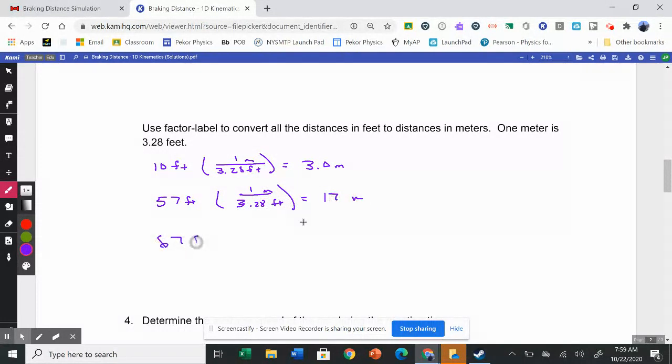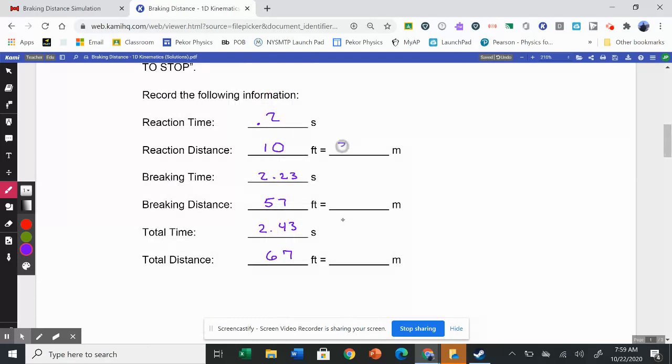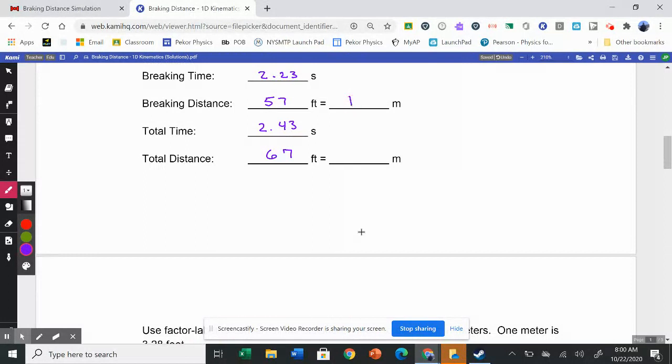And 67 feet gives me 20 meters. And it should make sense that these two added together give me the 20 meters I have down here. So let me copy these back up here. 10 feet was 3 meters. 57 feet was 17 meters. And 67 feet was 20 meters.